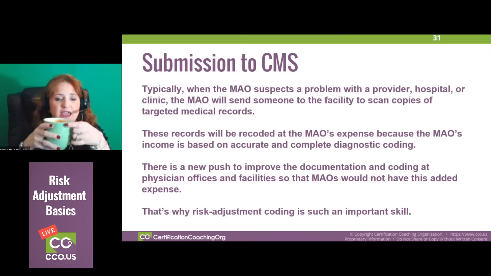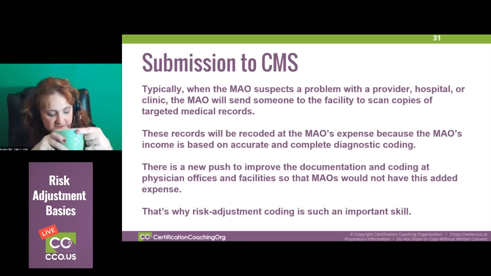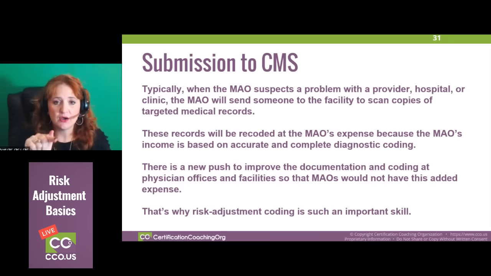Right after the ACA came out and they were forced to do this, and risk adjustment really played a huge part, they had been getting incentives, and she and the coders had been telling the doctors, you're not capturing everything, and because you're not, you're going to get penalized. I think one doctor one year got penalized $50,000 less on his check. That's an employee. That's the light bill, right? Because the MAO is not going to pay you properly if you don't get everything documented.